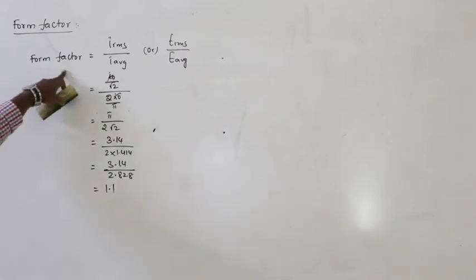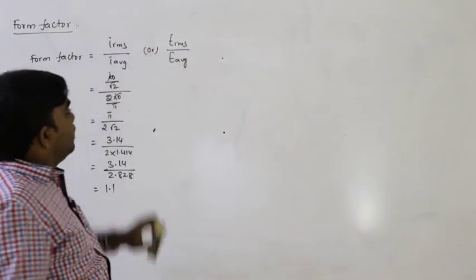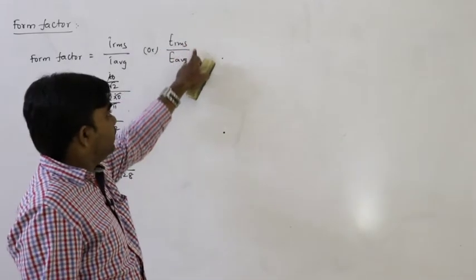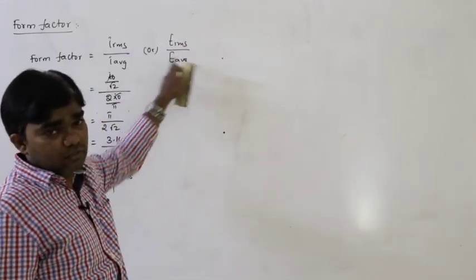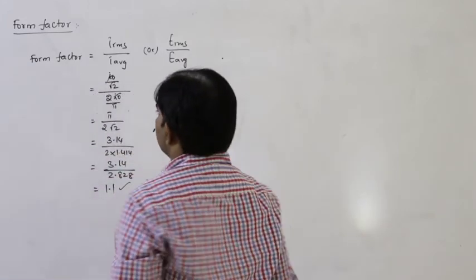So this is called form factor. Form factor is defined as the RMS value of current divided by the average value of current, or the RMS value of EMF divided by the average value of EMF. So that value is 1.1.